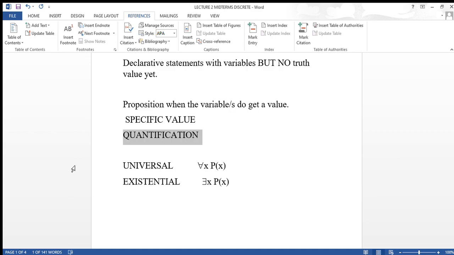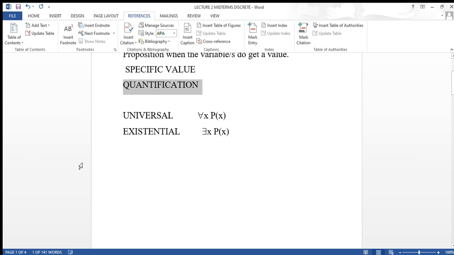On the other hand, we can also use quantification. Under quantification, we have two types: the universal quantification and the existential quantification.